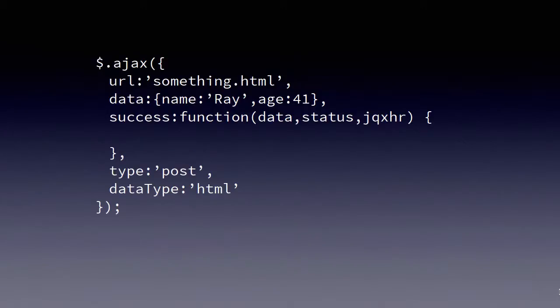Here's an example of it, $.ajax, and all I'm doing now is specifying all the things I care about as different keys to that argument. I have a URL, I have data, my success function is, well, run when a success happens. I have the type, so this matches to $.post, and I'm also saying that I'm getting HTML back.